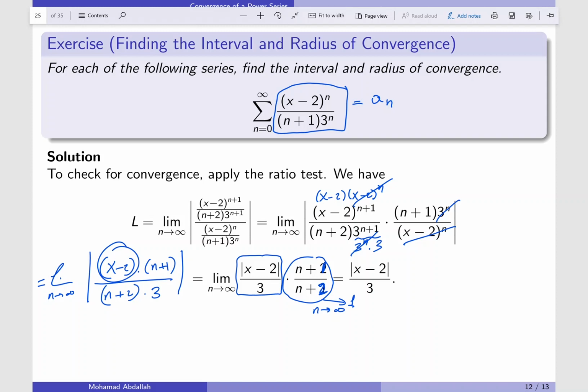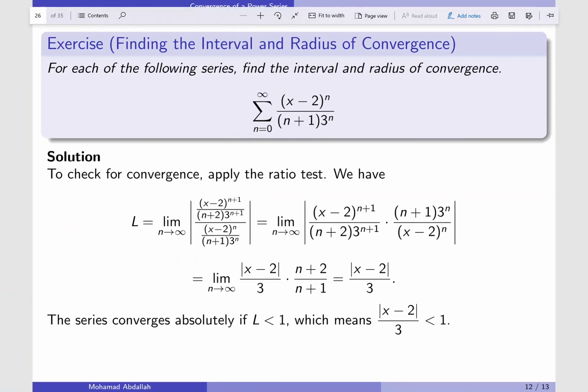Okay, now here's what we can conclude now. The limit L, which is the one for the ratio test, is equal to absolute value of x minus 2 over 3. When does it converge? Well, this converges when the limit is less than 1. So this is absolutely convergent over here.